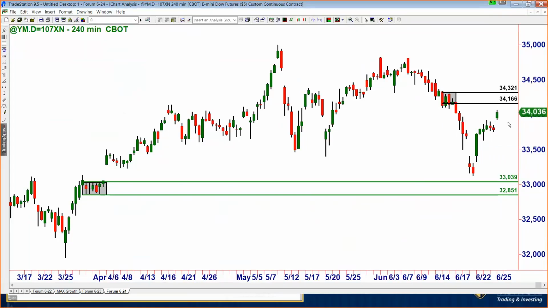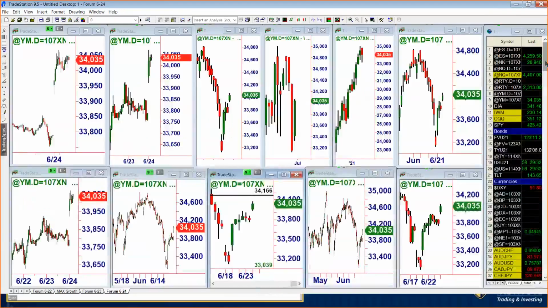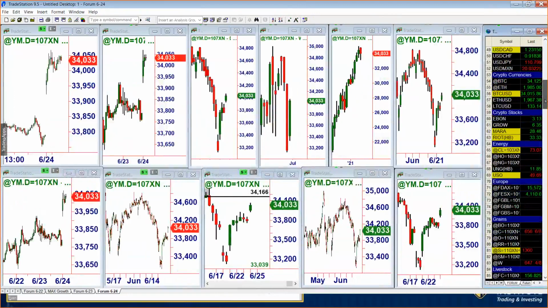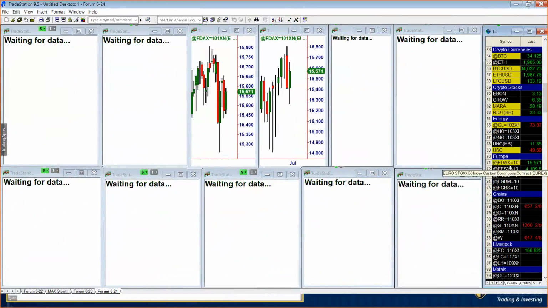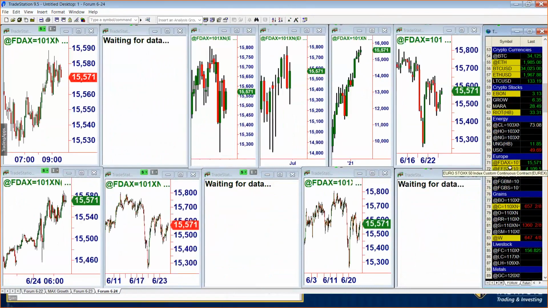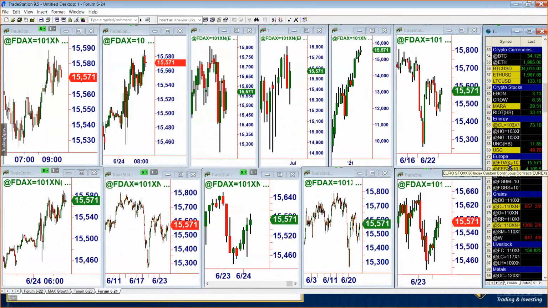So here we have some likely supply above 34,165, and then on the demand side, we're looking at 33,040 or so. If we go over to the European markets, like DAX and FESX, let's take a look at those. So let's look at the DAX.